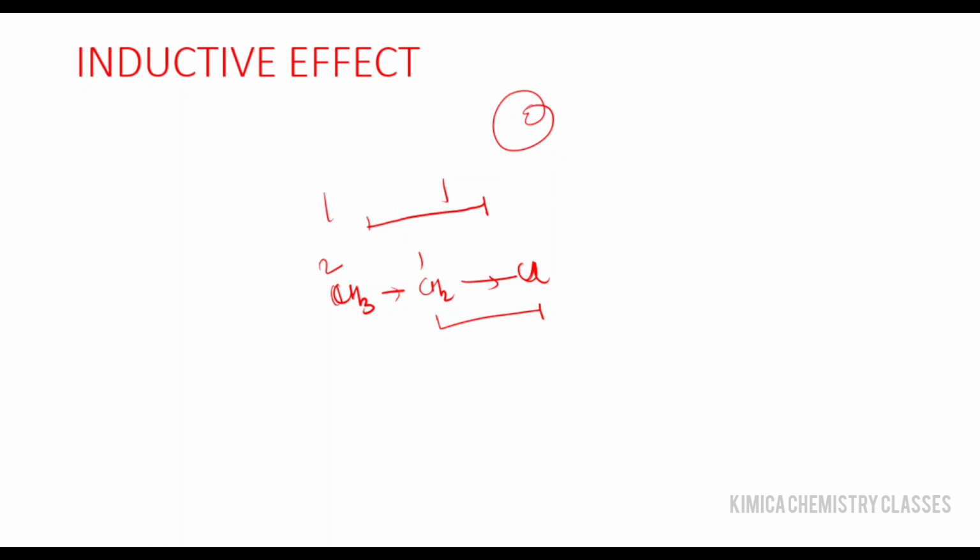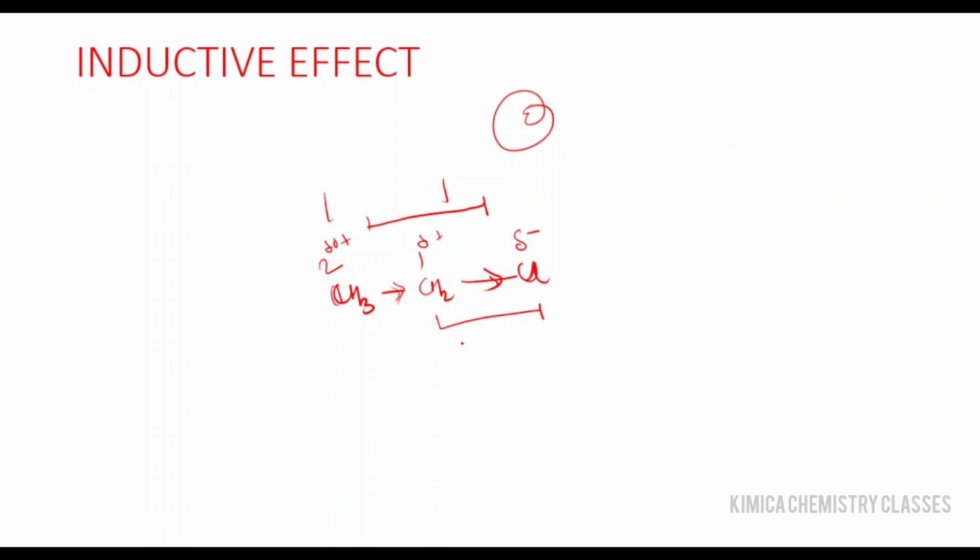The fractional electronic charges on the two atoms in a polar covalent bond are denoted by delta. You can write here delta negative, delta positive, and this is delta delta, like this. The shift of electron density is shown by an arrow towards the more electronegative atom.